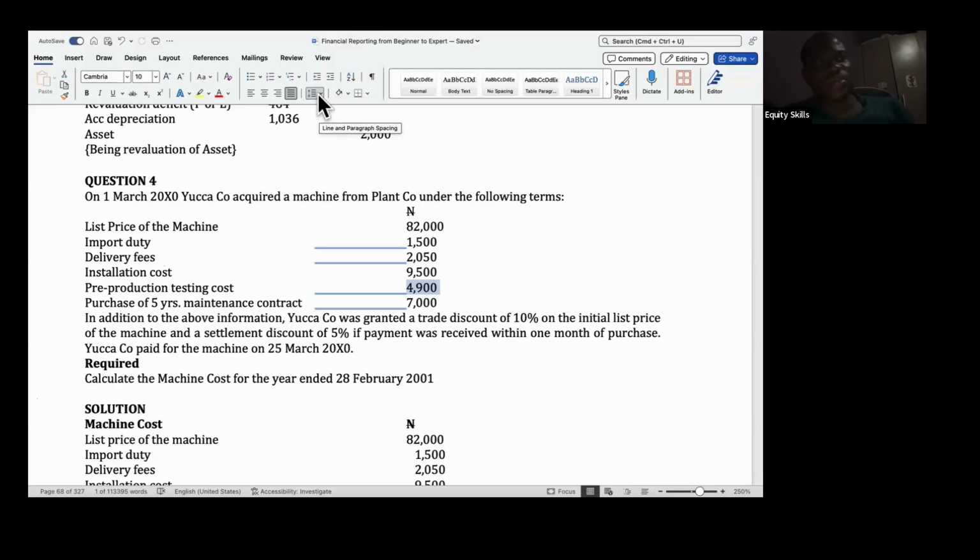So like Jamil rightly explained, if you now make money or proceeds from selling those samples, the standard says don't recognize those proceeds from the samples. Don't go and put it as income yet, because the asset is not ready. It's still testing, so it's not ready for you.